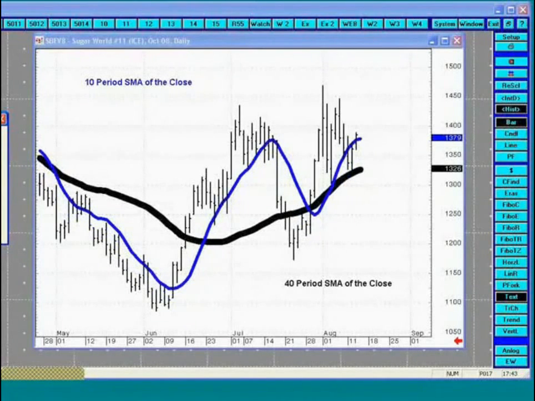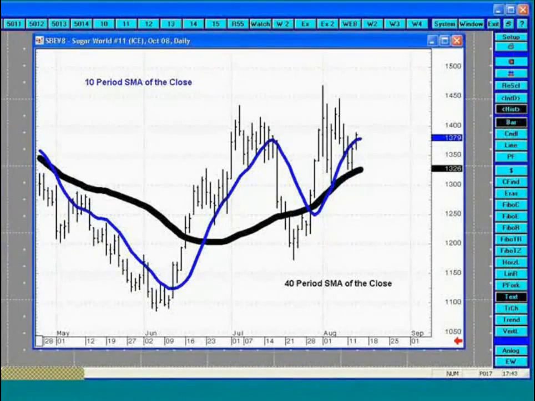Again, one of the things I like about moving averages is because it's a tool and an analytical technique that you can truly make your own. You don't have to follow standard, cookie cutter settings that many technical analyst books recommend.